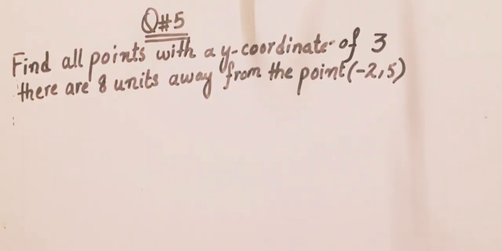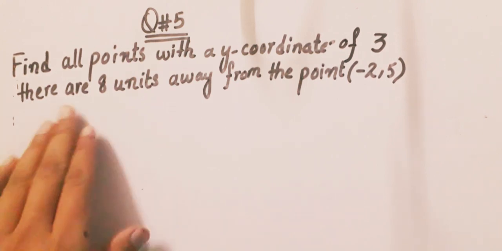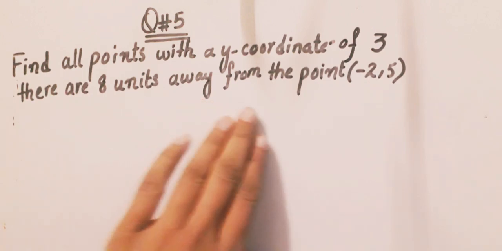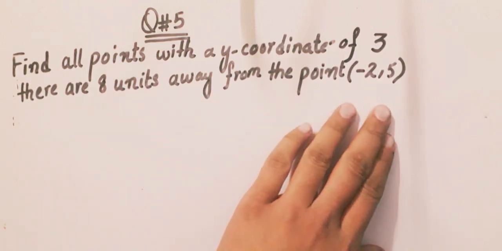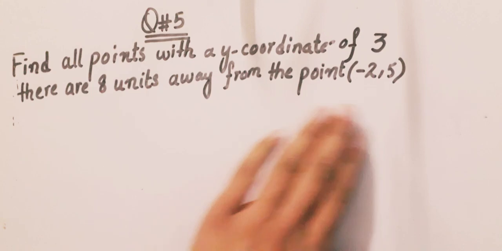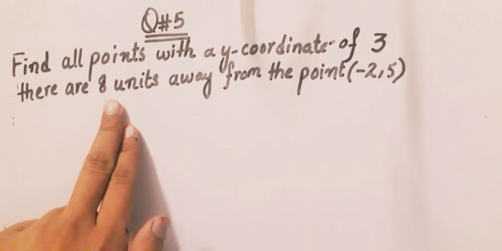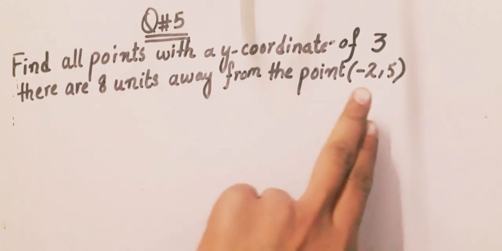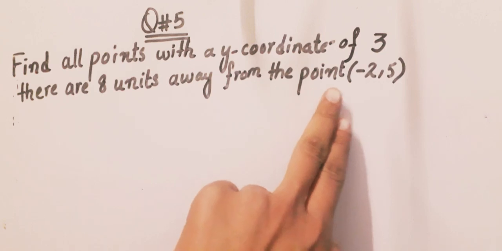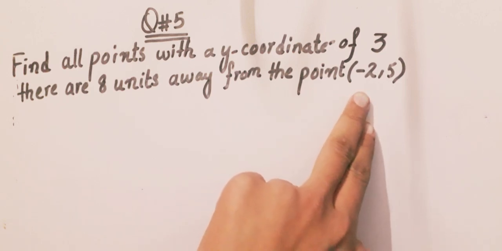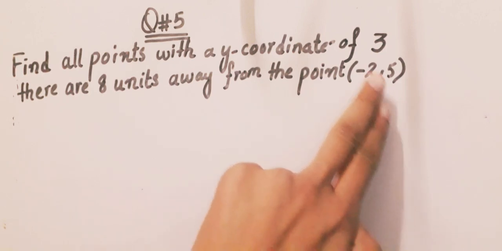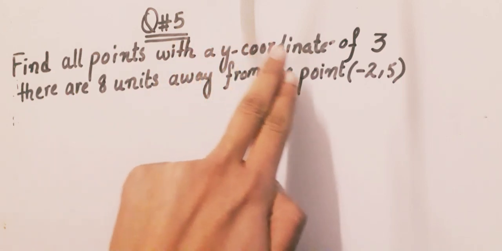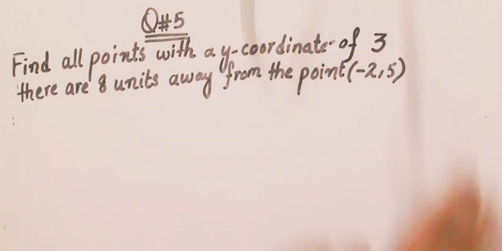Now question number 5 is, find all points with a y coordinate of 3 that are 8 units away from the point minus 2 and 5. Now you have the value of distance, that is 8, and let point B coordinates be minus 2 and 5, and point A x coordinate you have to find and y coordinate is 3. So we will solve this question.